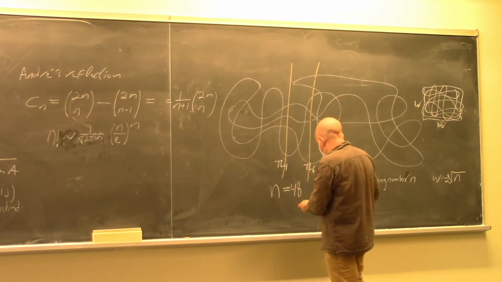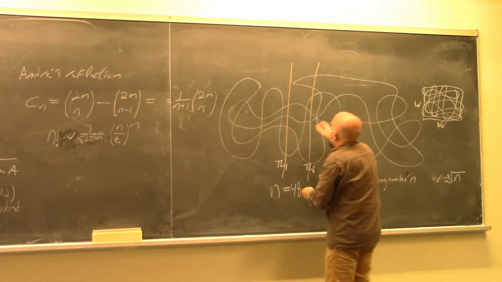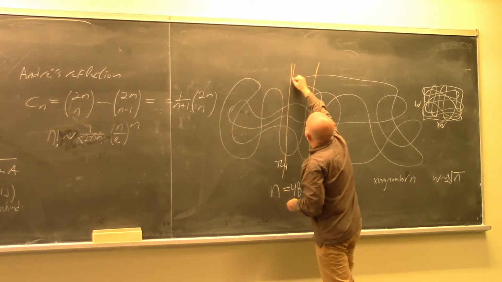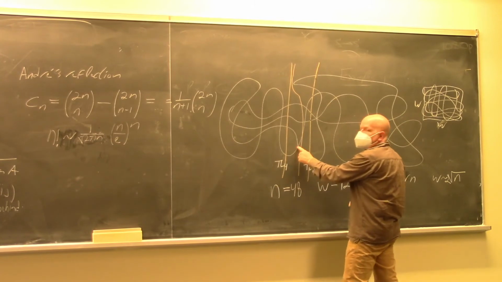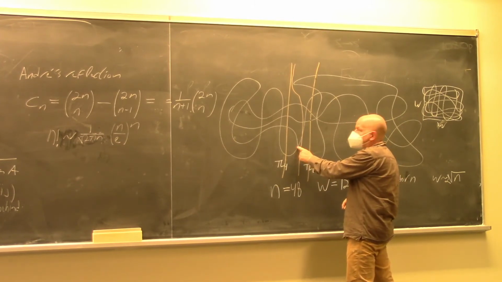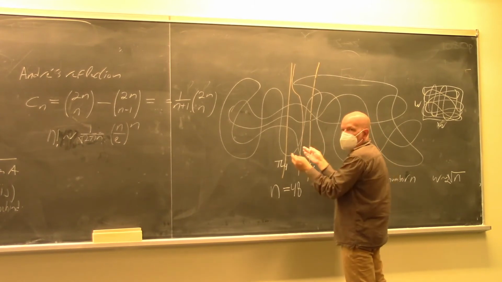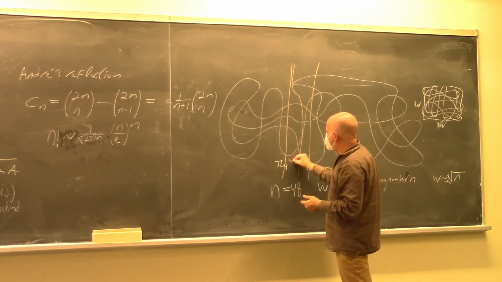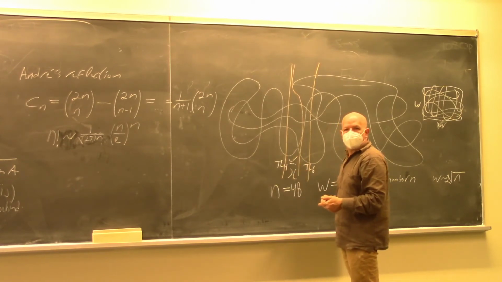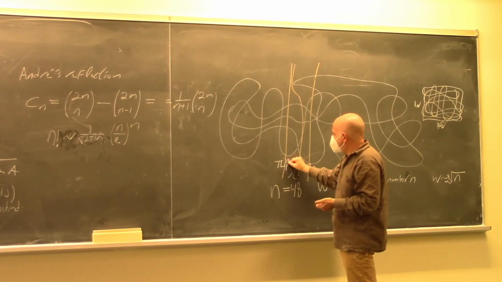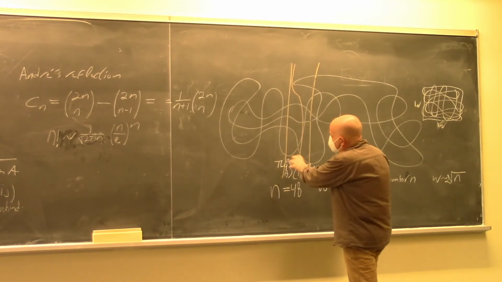Well, here I've added several. But to go from one cutting line to the next, the next one will be this, all you have to do is to add one crossing. And if you add one crossing, you're really contracting with either this or with that. Right? Because the crossing becomes A times this plus B times that, or maybe the other way around.